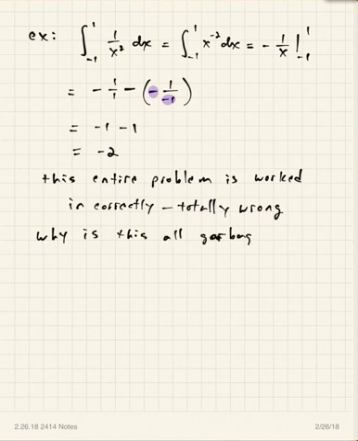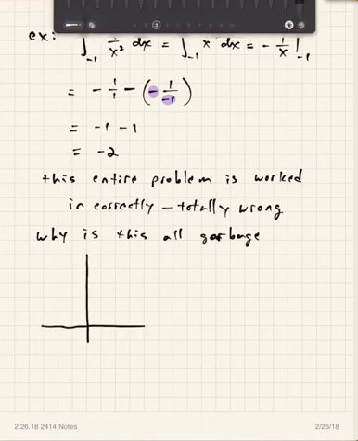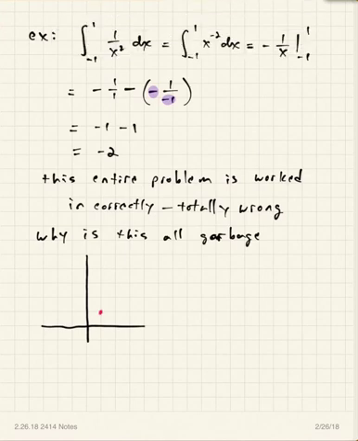And so what I want you to do is think about the function and think about this geometrically. You have 1 over x squared. The graph of 1 over x squared is this function that has a vertical asymptote on the y-axis. And so its graph looks something like this.